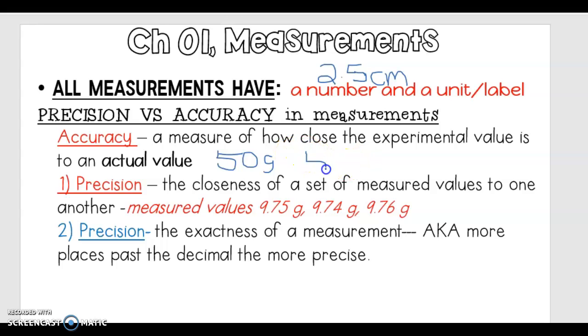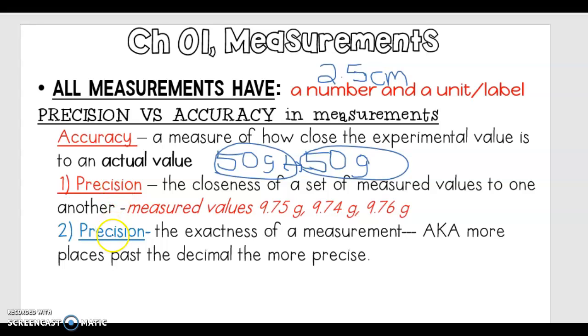If you put it on the balance and you find out that it is 50 grams, then you could say that you are accurate or you have accuracy. This is the given value and this is your experimental value. So if the two values match, then that means you have accuracy or you are accurate.